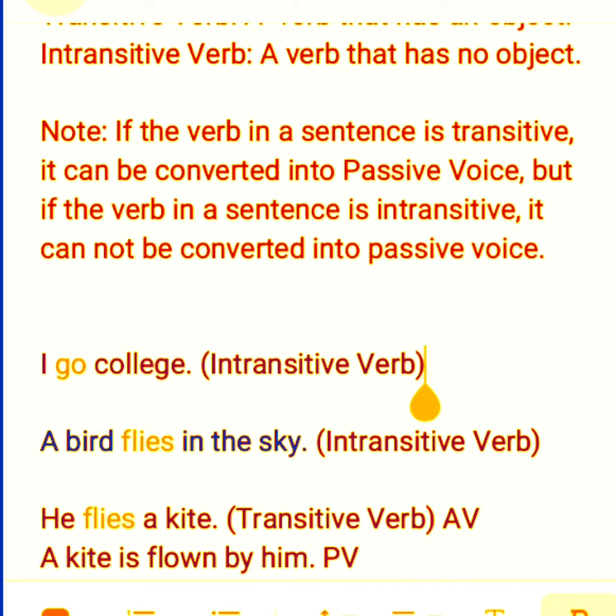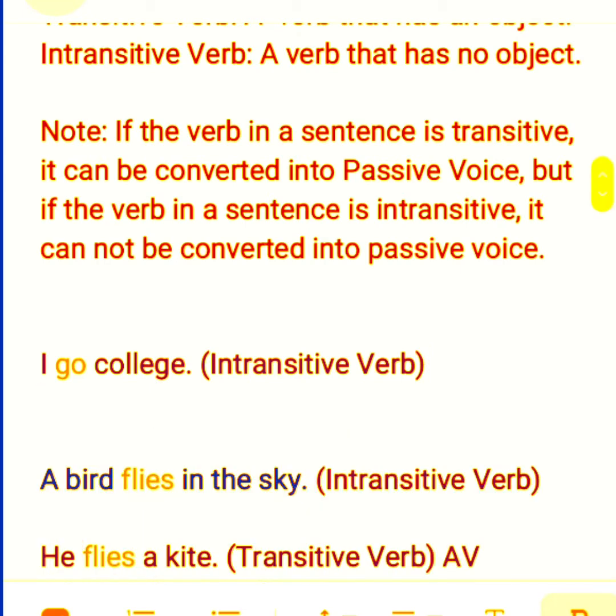Suppose there were a sentence like I build a college. Now look at this sentence, I build a college. Now here the action of the subject is building.